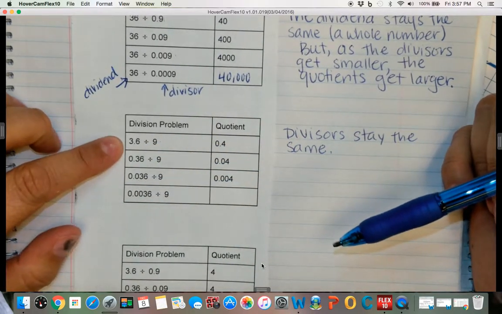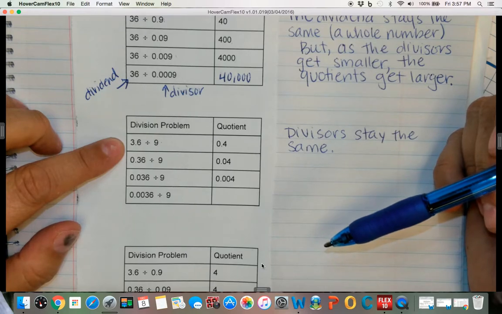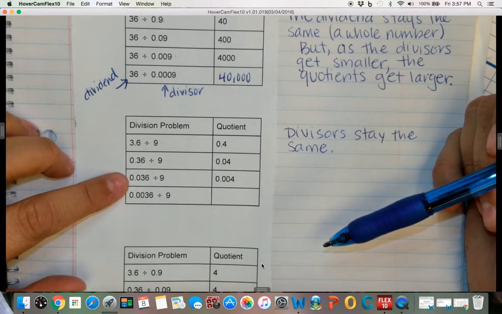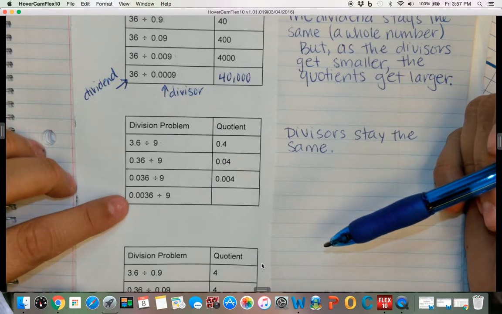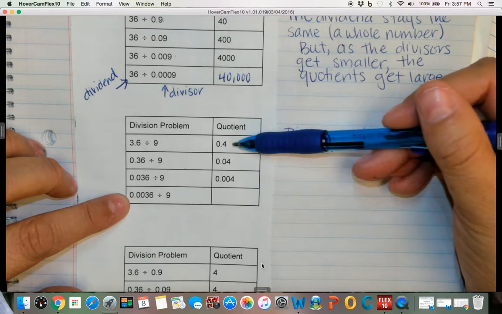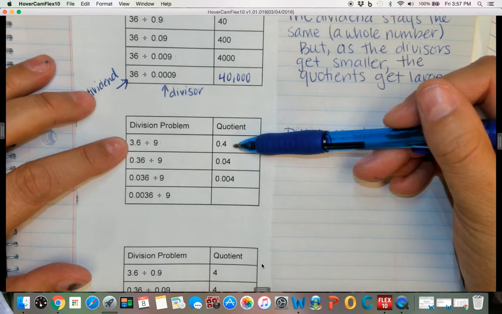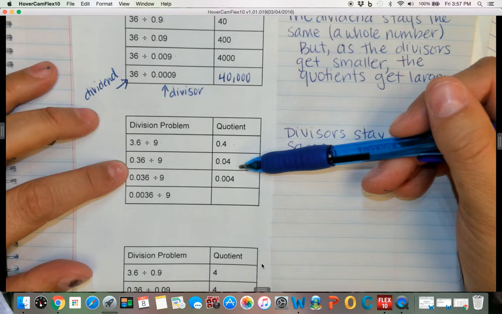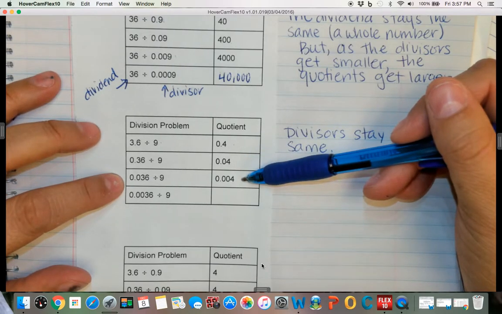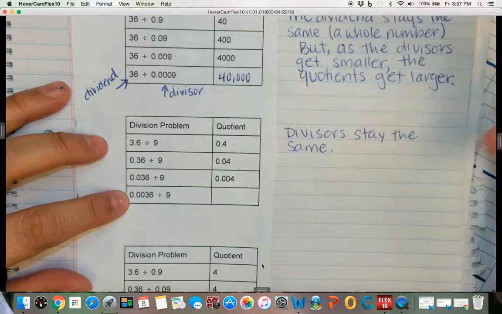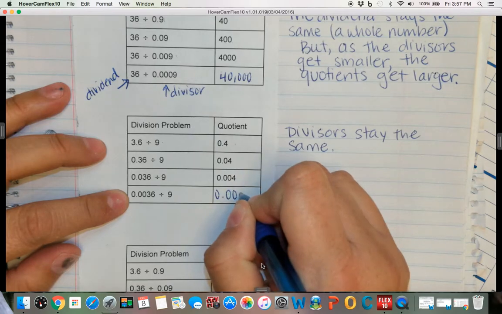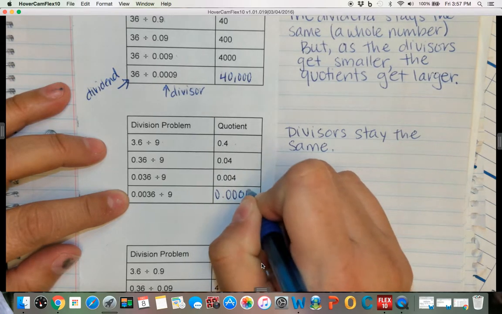Our dividend starts at 3 6/10, then it goes to 36 hundredths, then it goes to 36 thousandths, then it goes to 36 ten-thousandths. Our quotient is 4/10, then it goes to 4/100, then it goes to 4/1000. So what will this one be? 4/10,000.